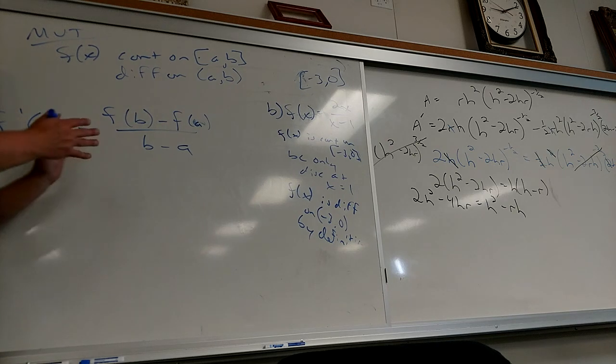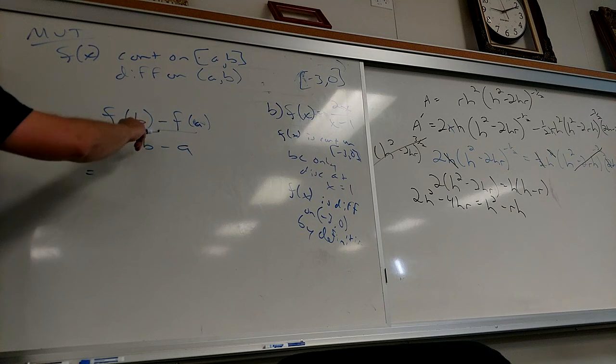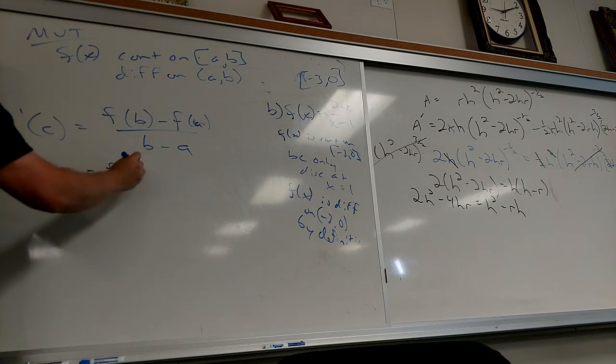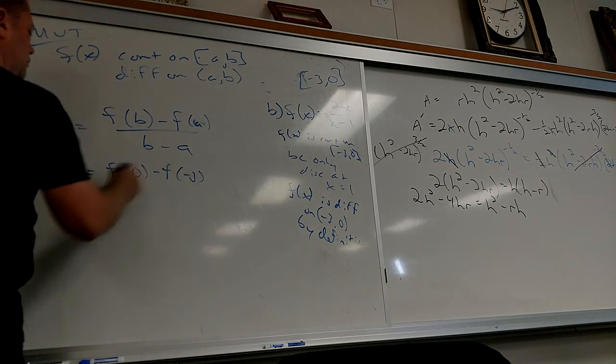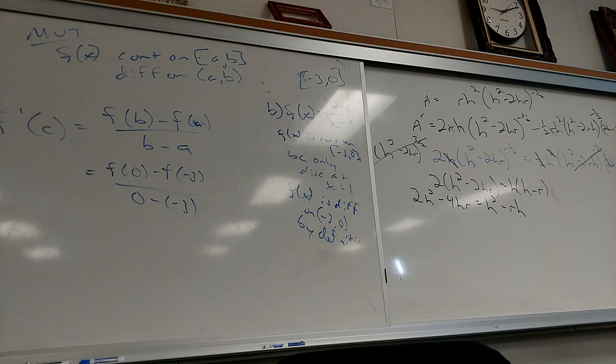So then, really, this is so nice. Look at this side. How would I do this side? What's b? 0. So this would be f of 0 minus f of -3 over 0 minus -3. And this side requires me, what's f prime going to be?